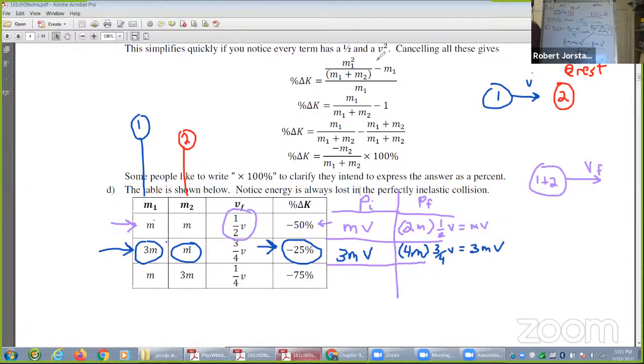What about the opposite? In this case, the initial momentum would be mv. We started with mass m. Notice you hit a heavy object. This would be like a ping pong ball slamming into a bird, right? Or how about a ping pong ball slamming into your face, right?